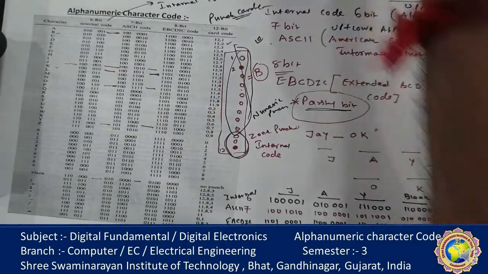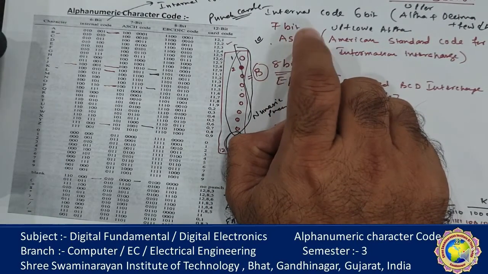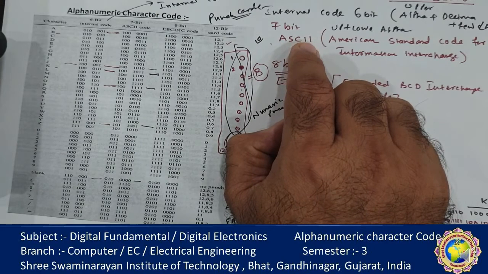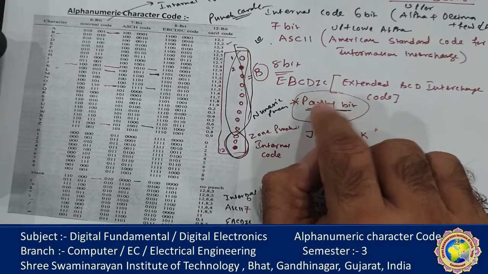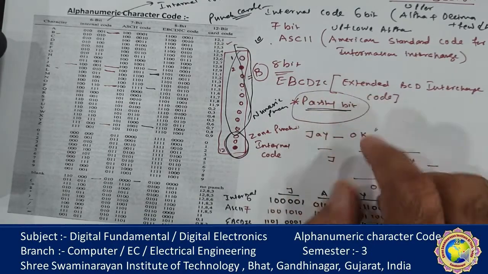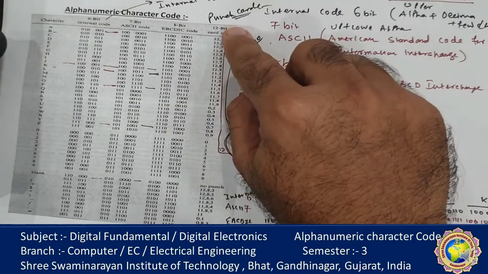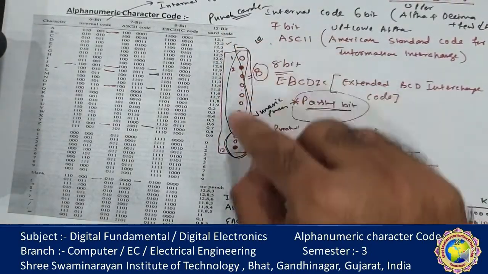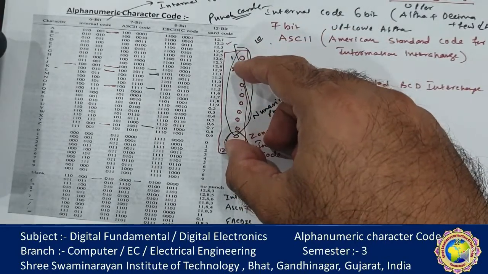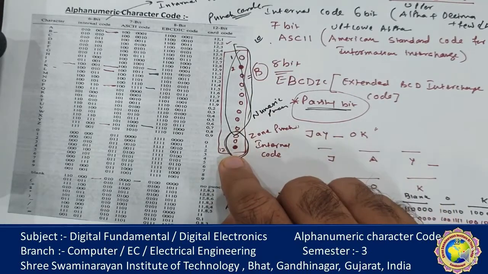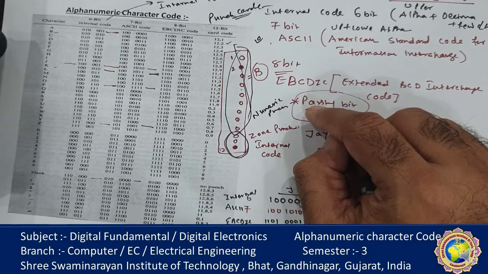When we add upper case, lower case and special characters, it is known as ASCII code, which is popular nowadays in keyboards. For error correcting, there is the EBCDIC code, which has a parity bit and is helpful for error detection. We also discussed the old punch card method, where 12 rows are there, and at a particular punch it sends the code: the first 3 are zone codes and the remaining 9 are numeric punch codes.